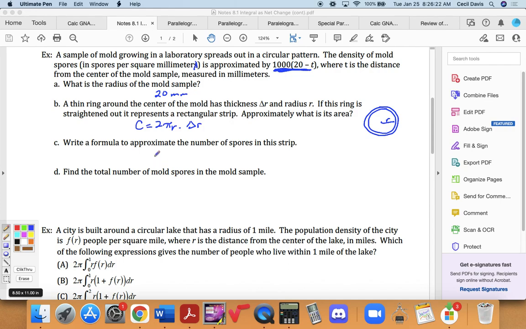So now write a formula to approximate the number of spores in this strip. The number of spores in that strip would be approximately equal to the area times the density. So 1,000 times 20 minus r times 2 pi r times delta r.